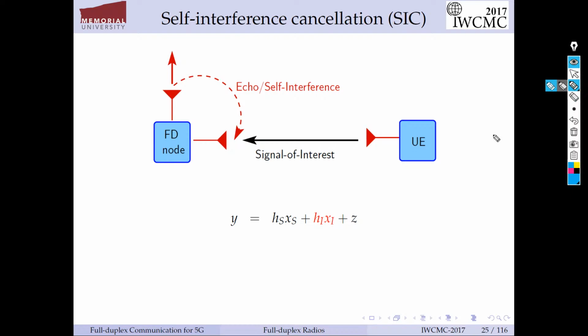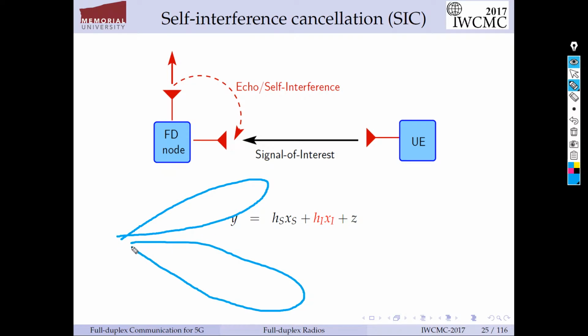the first idea, which does not require millimeter wave, it requires direct beams. For example, this is the beam and this is the second beam, and this is the transmitter.